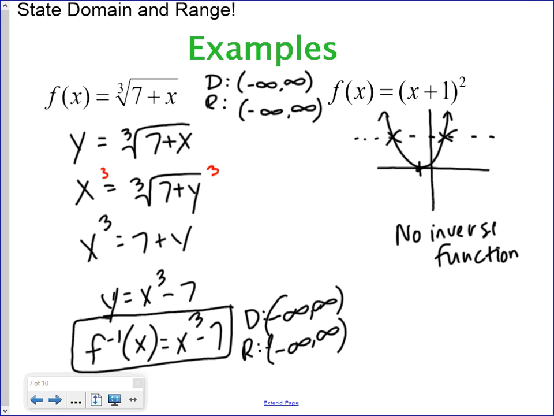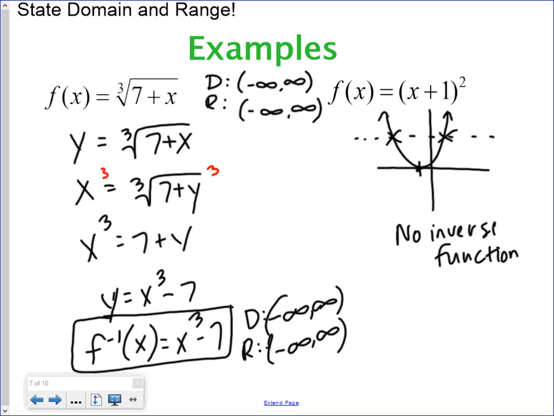How come on the first one you can't have negative 7, or like you do put negative 7, like for the domain? Because, are you talking about the original or the inverse?